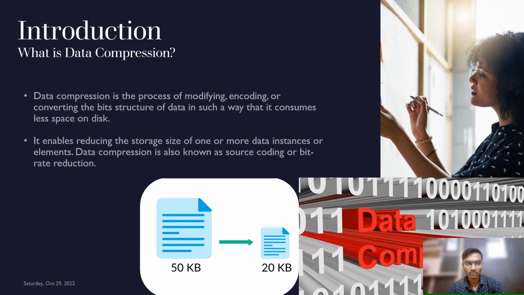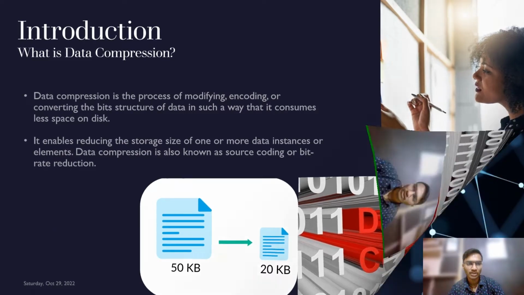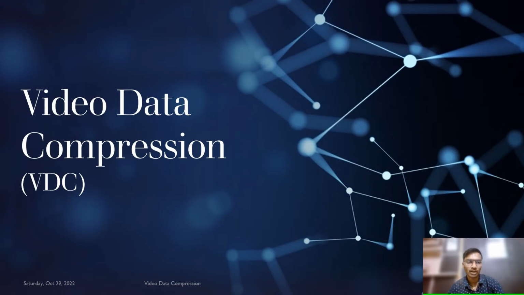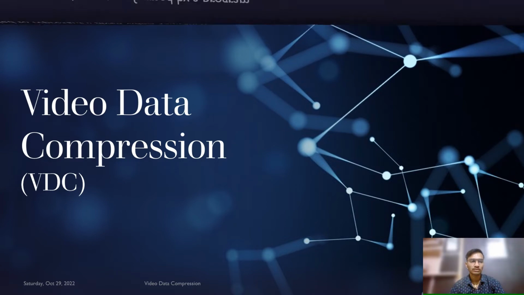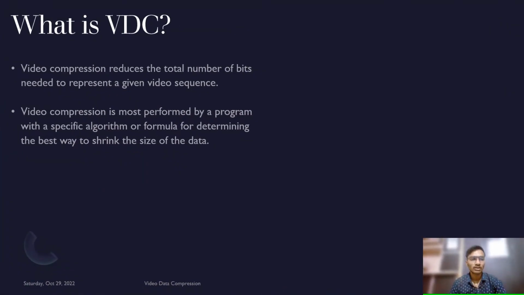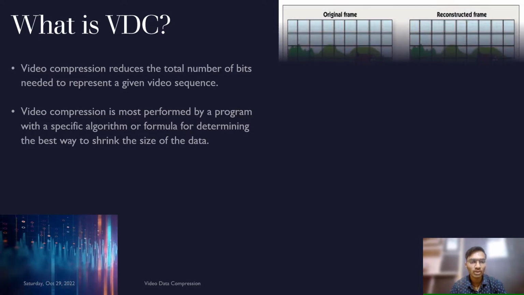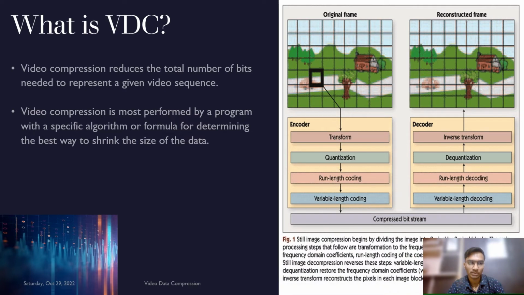Now let's study what is meant by video data compression, that is VDC. Basically, video compression reduces the total number of bits needed to represent a given video sequence. Before studying VDC, we have to study what video actually is. A video is a sequence of different frames.